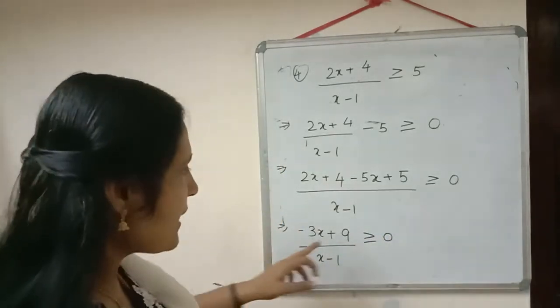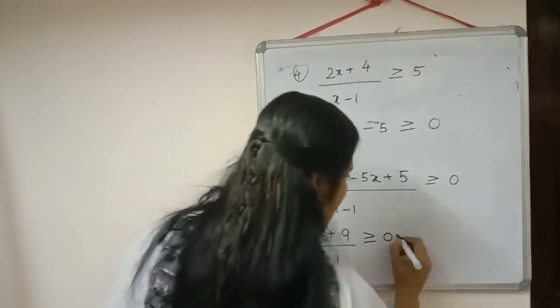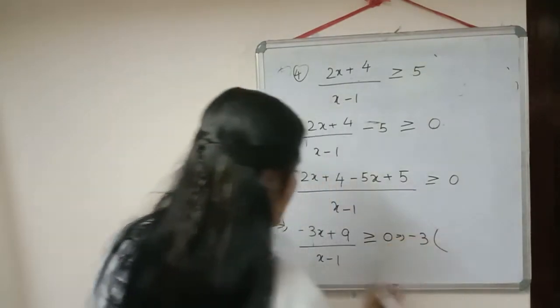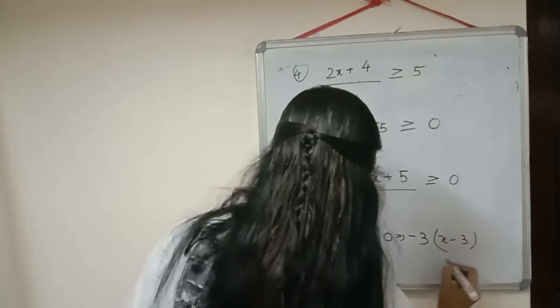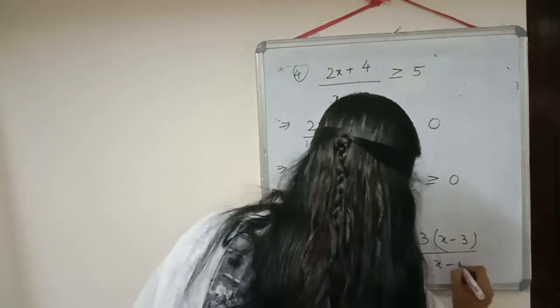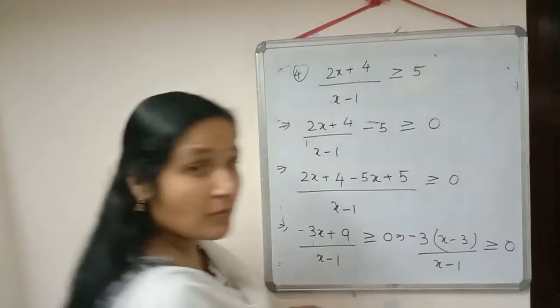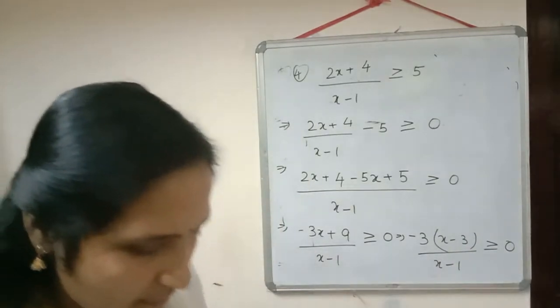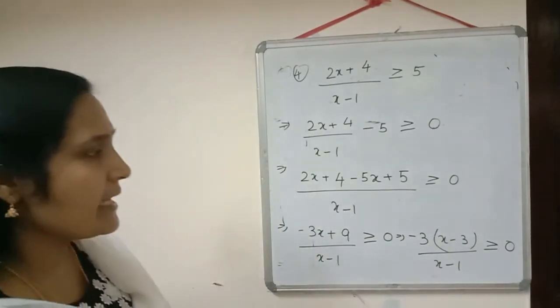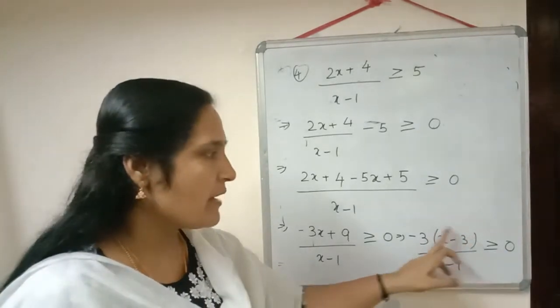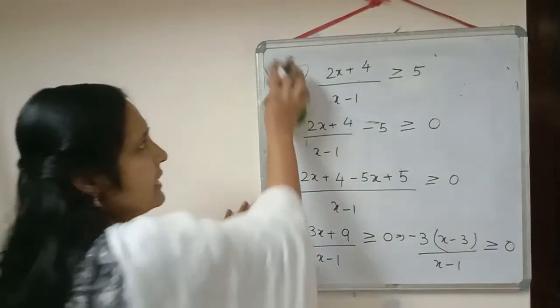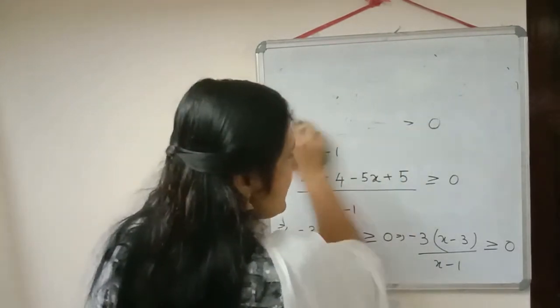2x minus 5x, we will get here minus 3x plus 9 by x minus 1 greater than or equal to 0. Minus 3 we can take common. Then inside the bracket what will come? Yes, it will come (x minus 3) by (x minus 1) greater than or equal to 0. Now again when we shift that negative 3 to the right hand side, what we have to do? We have to change the sign of inequality. Then what will come?